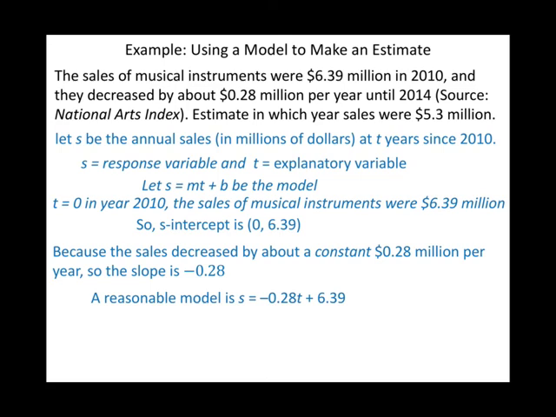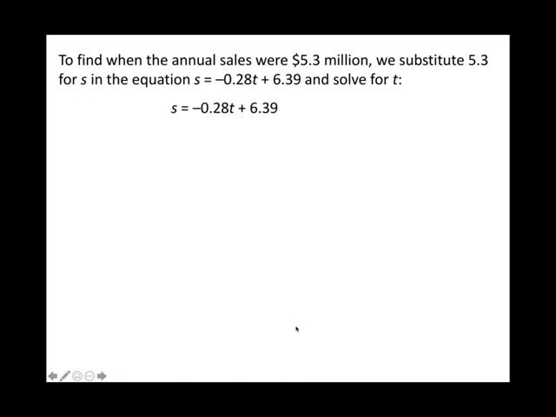Okay, after we figure out the linear equation, we're going to estimate which year sales were 5.3 million. So they're given the S, and I want you to find out the t, which year. So plug it in: S equals 5.3, and then solve for your t.